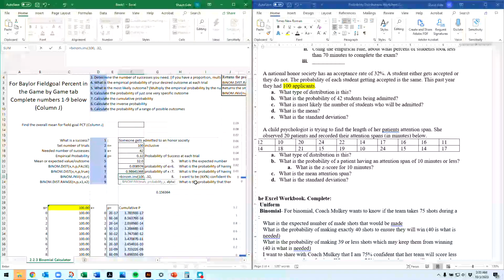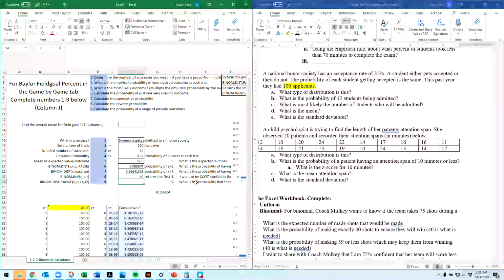And then we are going to put alpha, and I want to say that I want to be 95% confident that I'm correct. And so what this tells us is that we can be 95% confident that 40 or less individuals will get accepted into the society.